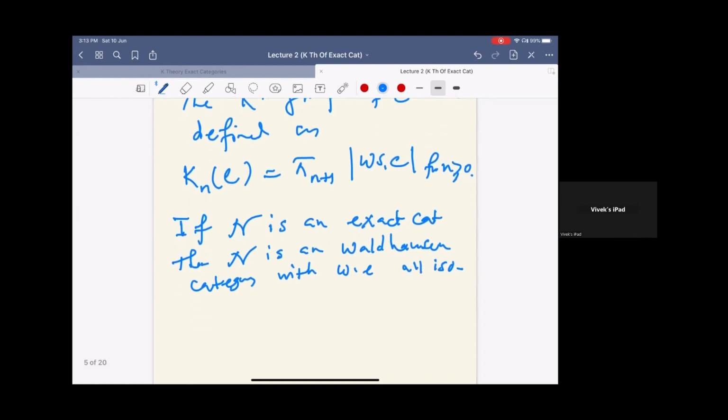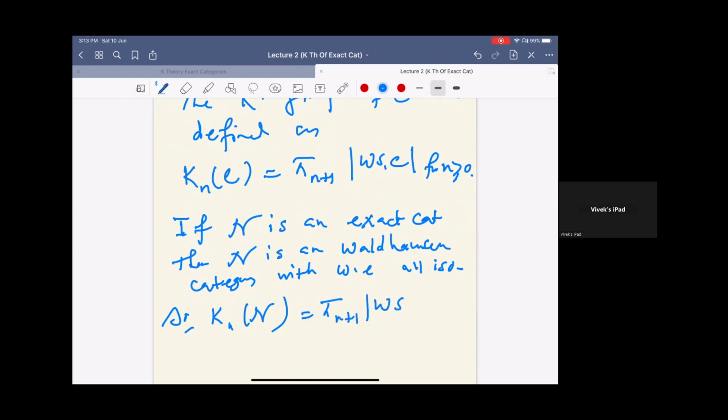Okay, so this is a natural way to think of an exact category as Waldhausen. So the K groups of an exact category are defined in a similar fashion.